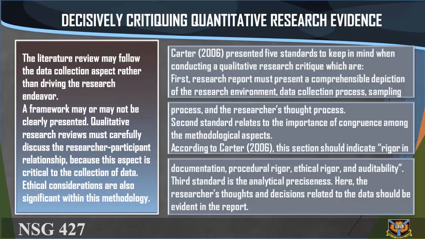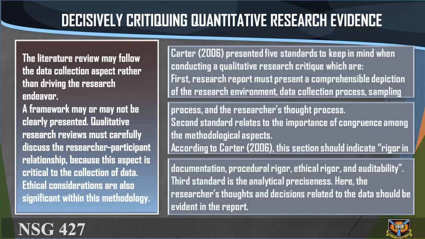Ethical considerations are also significant within this methodology. Keita 2006 presented five standards to keep in mind when conducting a qualitative research critique, which are: the research report must present a comprehensible description of the research environment, data collection process, sampling process, and the researcher's thought process.